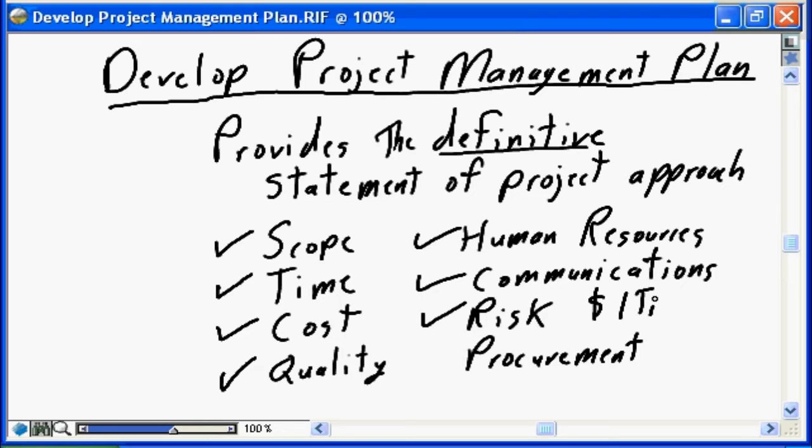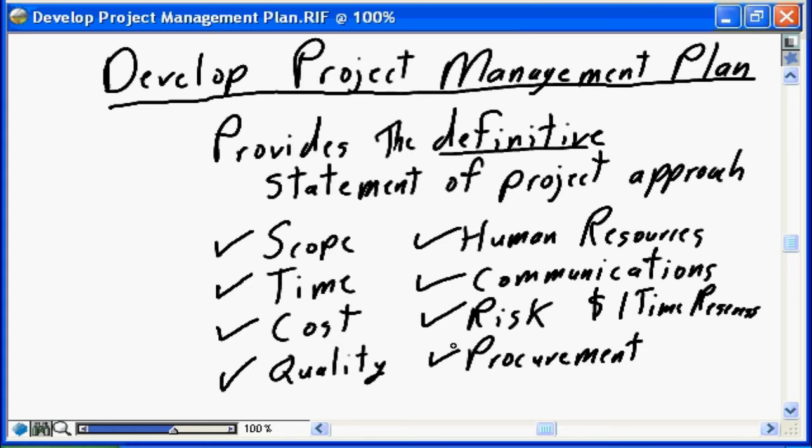What time reserves are we putting in place to ensure that when risks happen our project is not going to be a disaster, that our project is prepared for the risks? Proactivity. And finally, the project plan is going to define our approach for procurement.